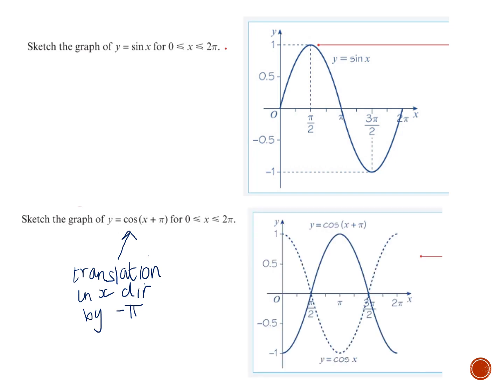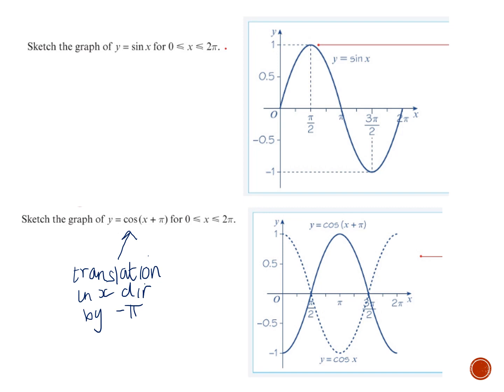Let me show you what it looks like. Now the dashed graph here is your normal cos graph. It goes through at 1. If I shift it by minus pi, then I've basically moved the point that is at 1 so that it is shifted along by pi. So the graph is now going to look like that.